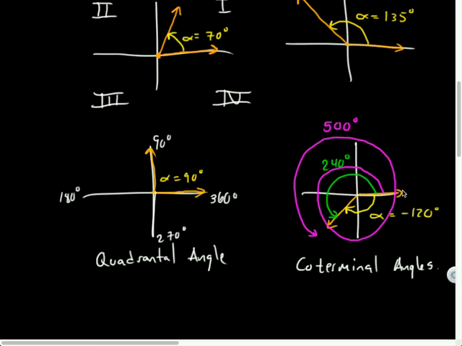So, could you name a negative angle that is coterminal with these? What's a negative angle that's coterminal with these ones? Negative 120. What's another one that's negative? If I spun this way.